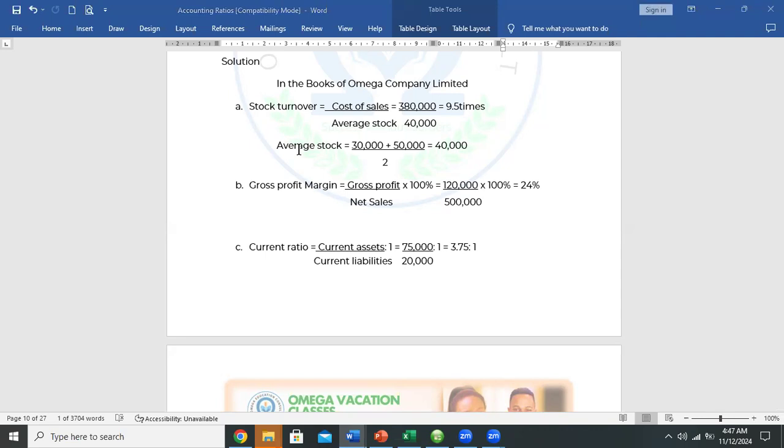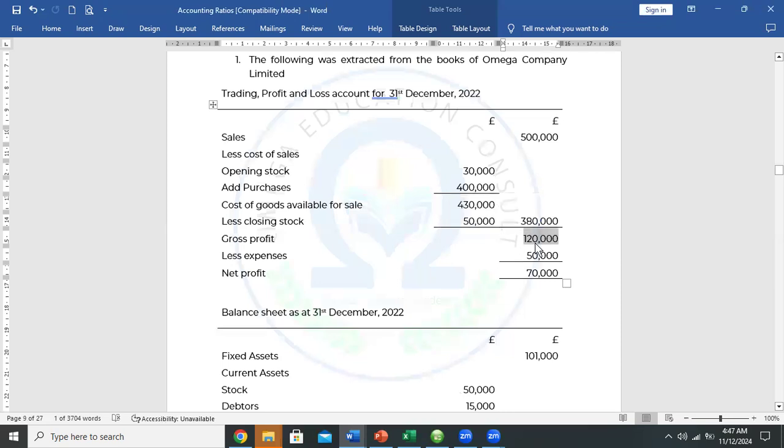Okay, great. The second ratio is the gross profit margin. So we quote the formula: gross profit divided by net sales times 100. So we go on to the trading account to find the gross profit, which was given as 120,000. So this is your gross profit, right? You divide by net sales.